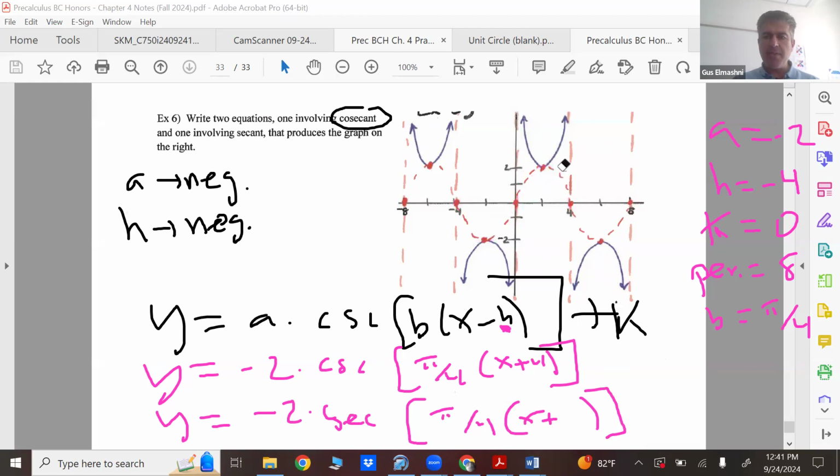But do it as a cosine graph, it's going to look like this, right? What's my h value here? So I put x plus 2. That's all. So that's okay. All right, so that closes the loop on that.